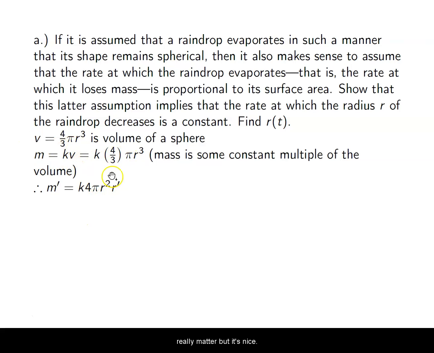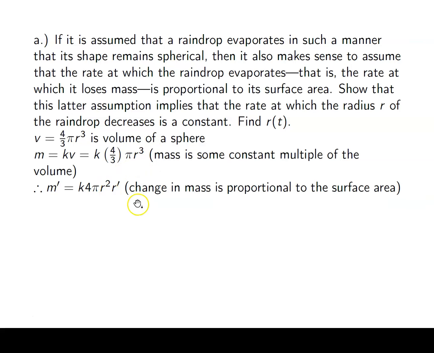But it's nice because when I differentiate, this r cubed cancels with this 3, so we got the 4 pi, and then the r squared times r prime that's left over from the chain rule of differentiating implicitly.